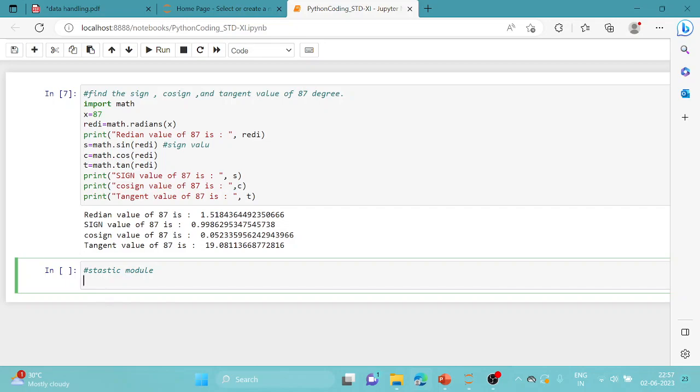We have to take a series or list of numbers, some raw data, to calculate the mean, median and mode. In the next video I will show you how to import the statistic module using a series of numbers and how to use the mean, median and mode functions to calculate them. So let's end this video here.